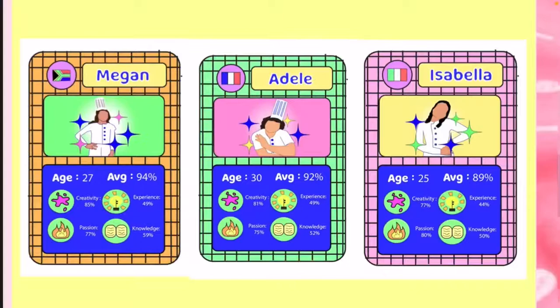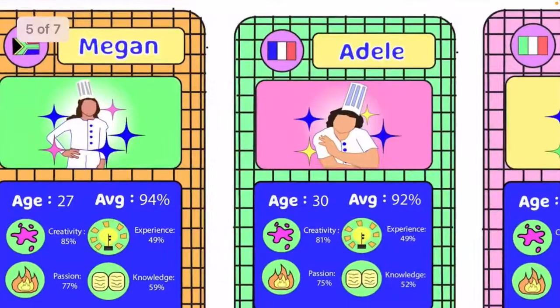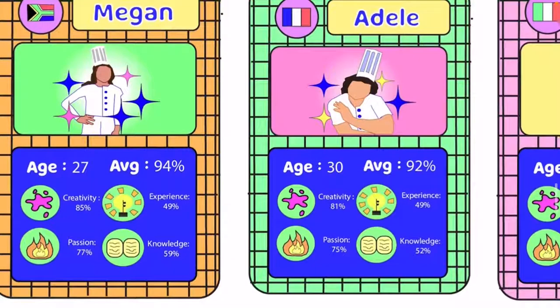Here I have each of these players, and I did my own illustrations with the use of image references. I added a little chef's hat, and I designed a little outfit for them, which I think is really cute. Then I added their age and their overall average score on their skills.